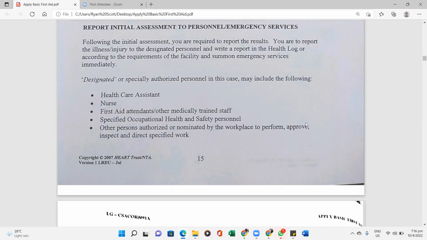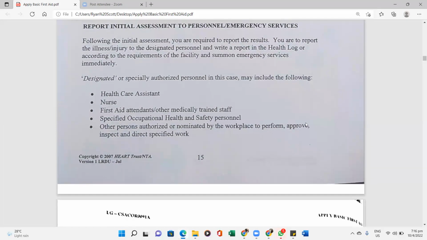Okay? Designated or specially authorized personnel in this case may include the following: healthcare assistant, nurse, first aid attendant, specific or specified occupational health and safety personnel, other persons authorized or nominated by the workplace to perform, approve, inspect, and direct specified work.